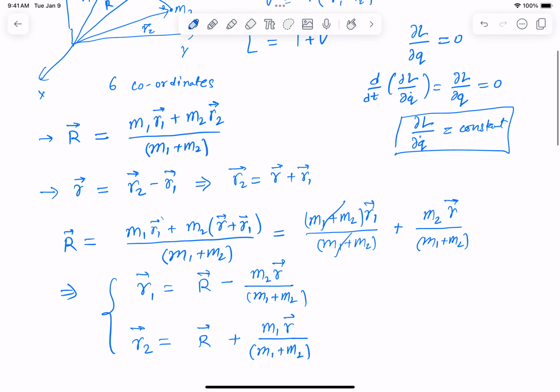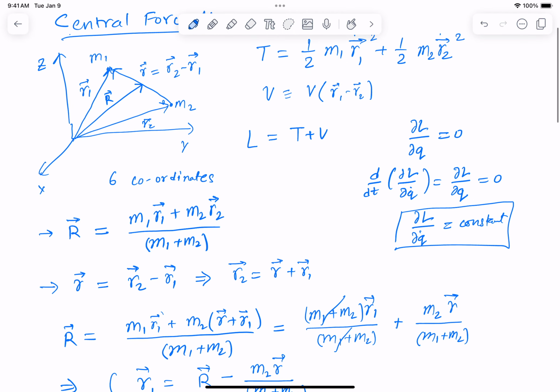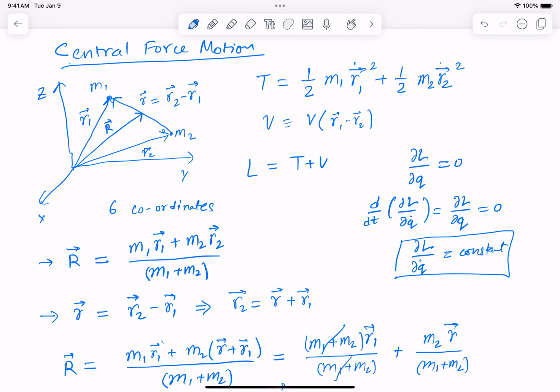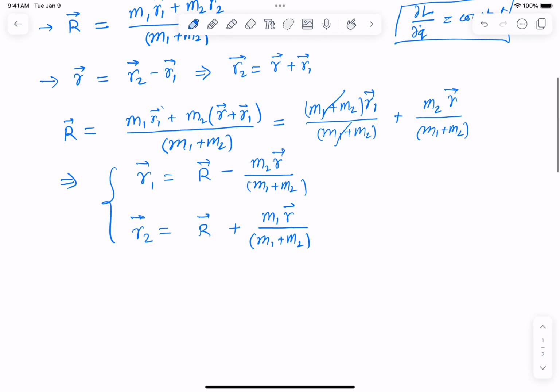And the next job is to take these things and substitute in our kinetic energy and potential energy. So to do that, we need r1 dot and r2 dot.